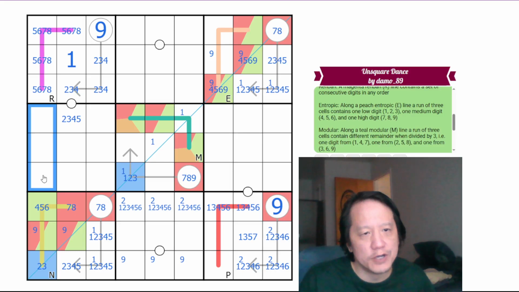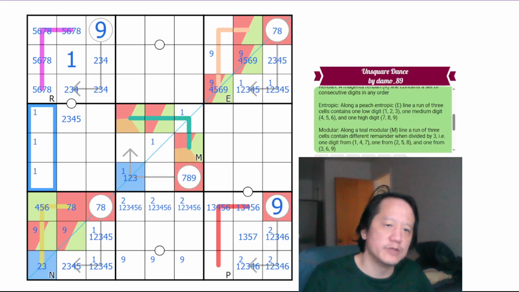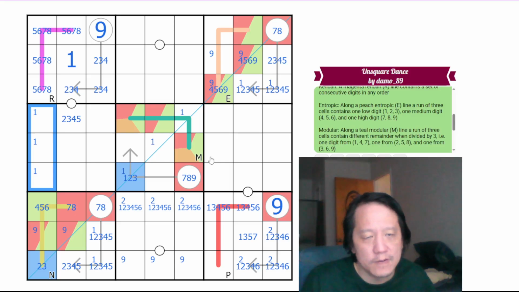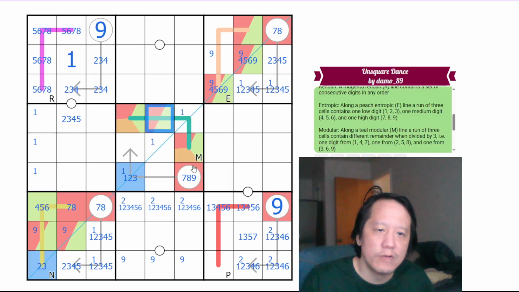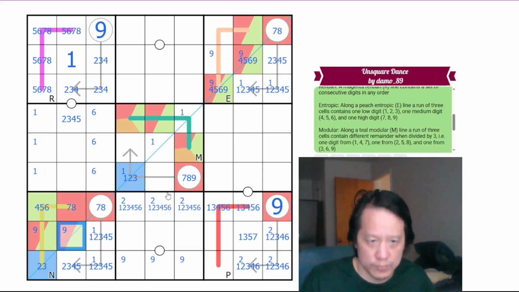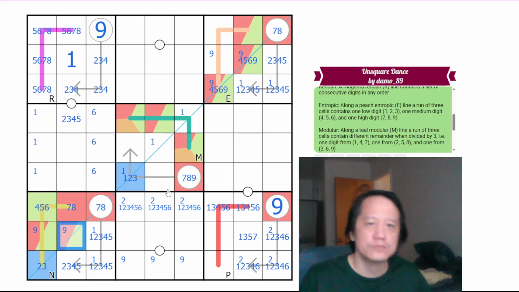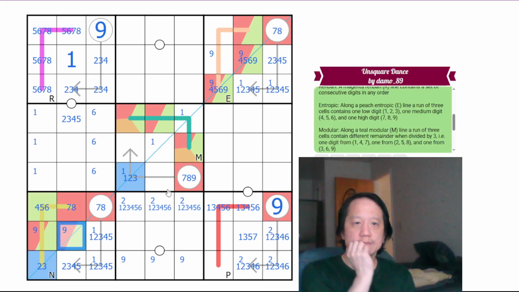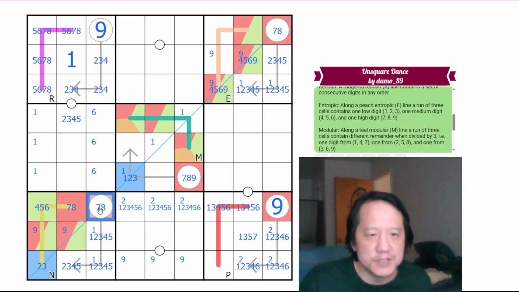Where is 1 in column 1? It has to be there. Where is 6 in column 3? It must be here. Okay. Where is this 7, 8?